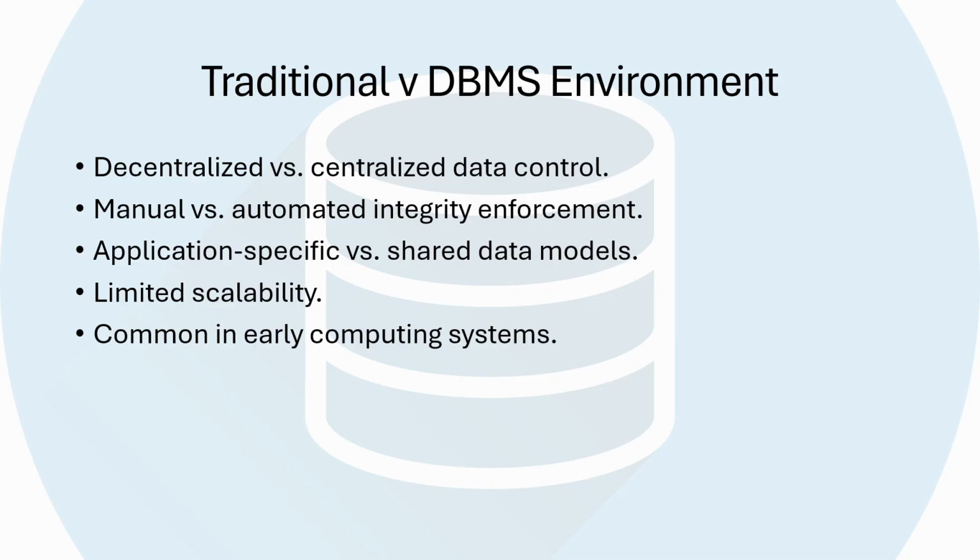Traditional systems use application-specific data models, making sharing difficult. They also scale poorly when data volume and user count increase. And for these reasons, most modern large-scale systems have moved from traditional file processing to database management systems.